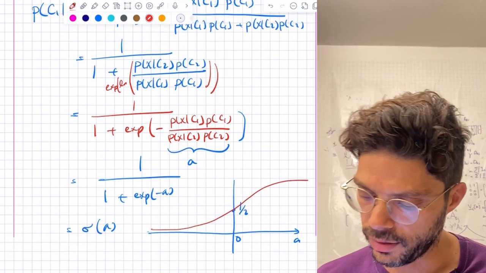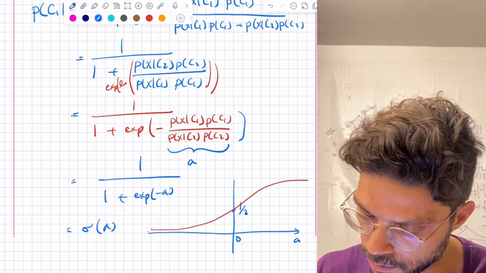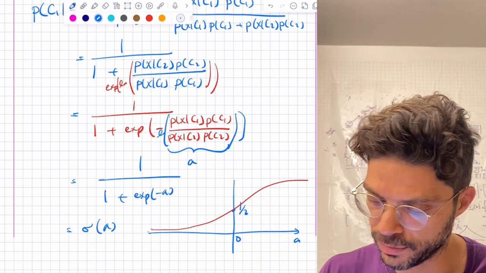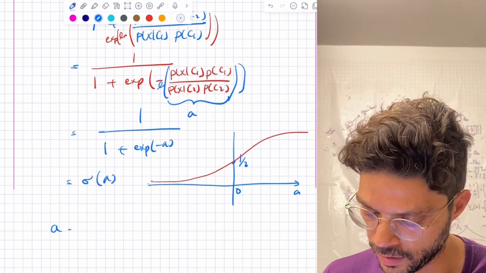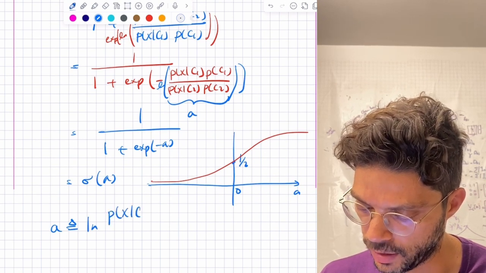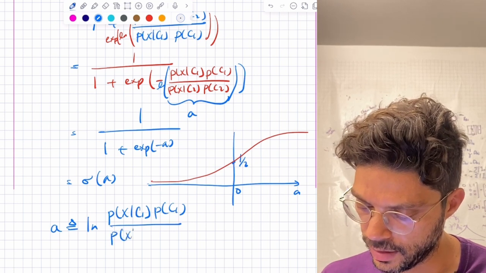And this quantity, oh sorry, I forgot a logarithm here. This is a minus ln. And this quantity a, let me just write it out again, is kind of a cool quantity, and maybe that's why he goes into it.